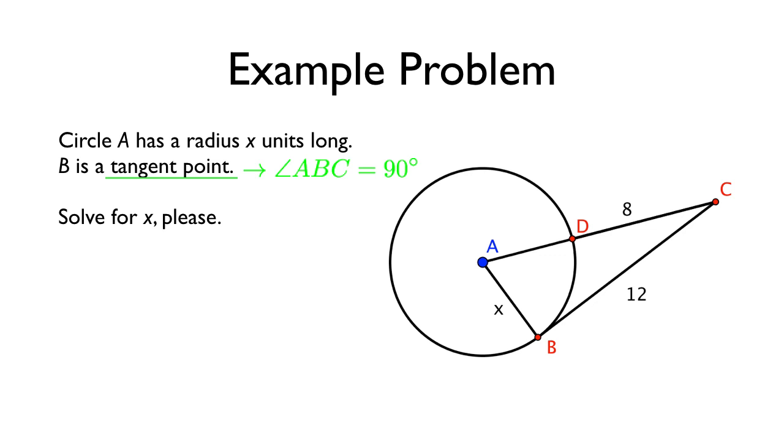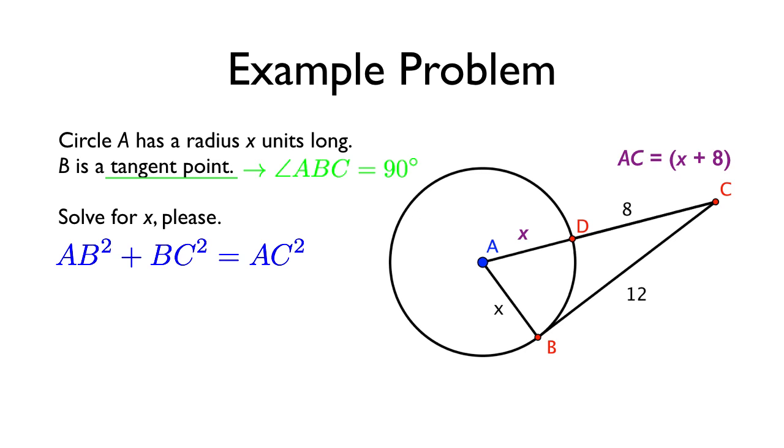Also note that AB and AD are both x. And that's important because now we have a right triangle, ABC, where AC is x plus 8, and then we can use the good old Pythagorean theorem to solve for the unknown.